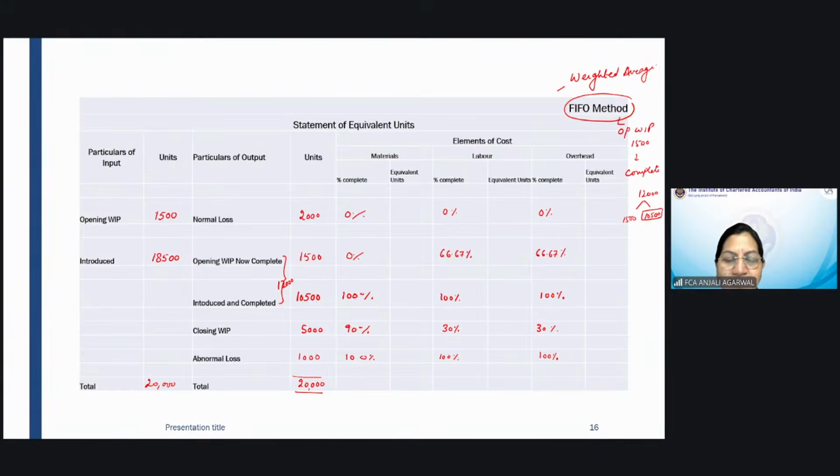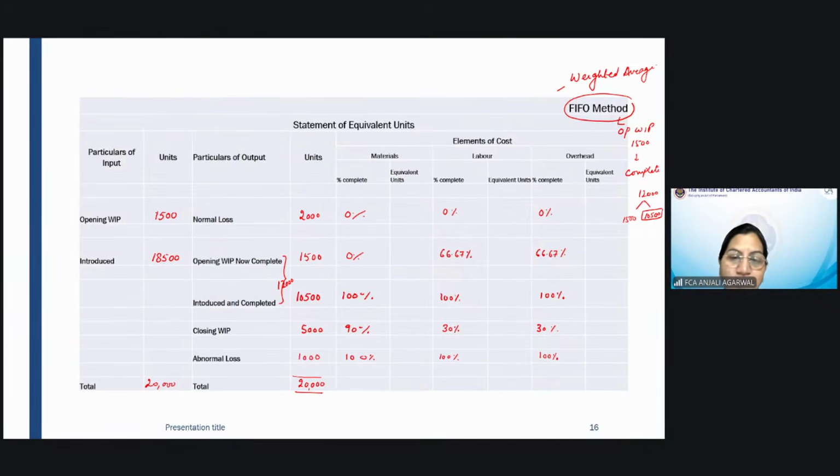Paint is applied as and when you are doing the labor and overheads. So in the first process, the material is 100% and then you start working on it. But in the second process, the material is put in the process as and when you are incurring gradually labor and overheads. But let's not get into that technicality so much.